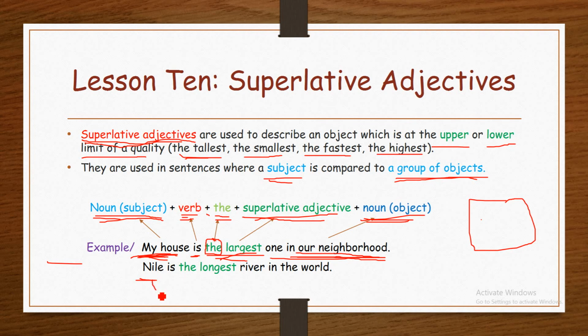You compare Nile to a group of rivers in the world. Nile is the subject, is the verb to be, we always use the before superlative adjectives, longest is the superlative adjective, complement.